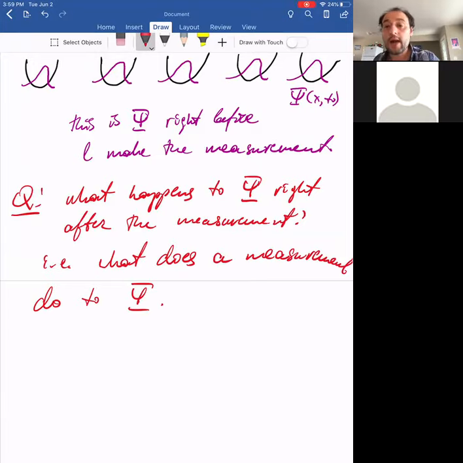So in between the prep and the measurement, the particle was interacting with something else by means of a potential energy function. So for example, if it's an electron interacting with a proton, that's the electron-proton potential energy.